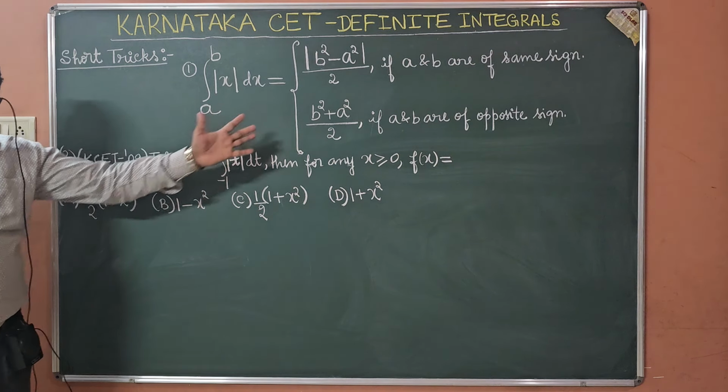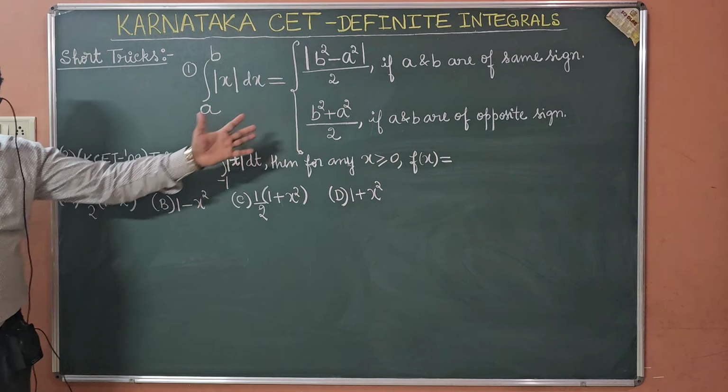So upper limit positive x square plus lower limit minus 1, negative, minus 1 whole square, by 2. Therefore, the answer is x square plus 1 by 2, which is found in option C. Therefore, for this problem, option C is correct.